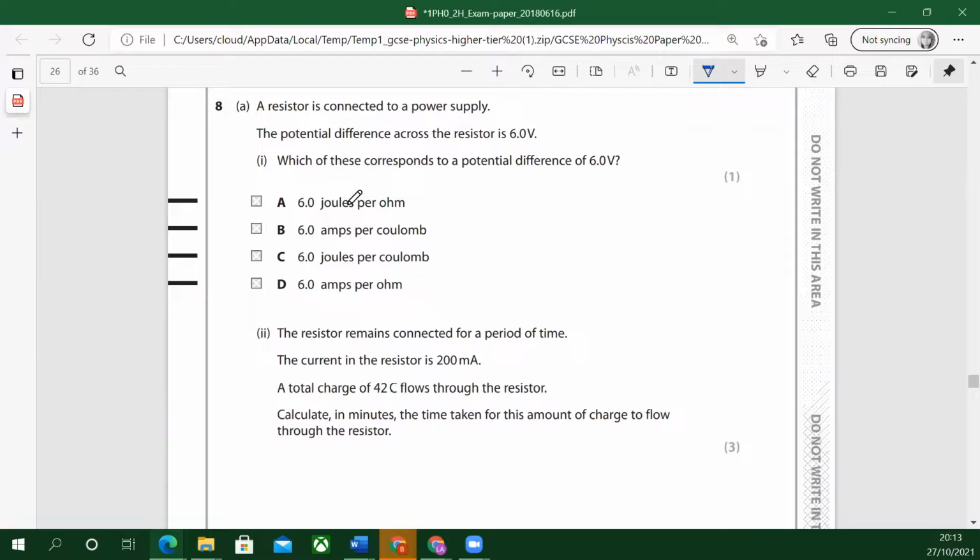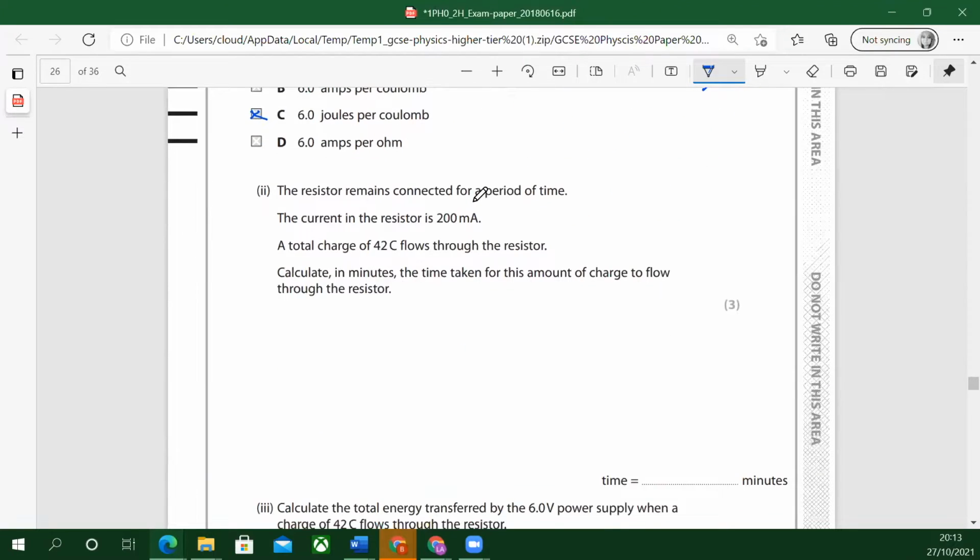Is it 6 joules per ohm, 6 amps per coulomb, 6 joules per coulomb, or 6 amps per ohm? The only one there is C, joules per coulomb, because 1 volt equals 1 joule per coulomb. That is the definition of a volt.